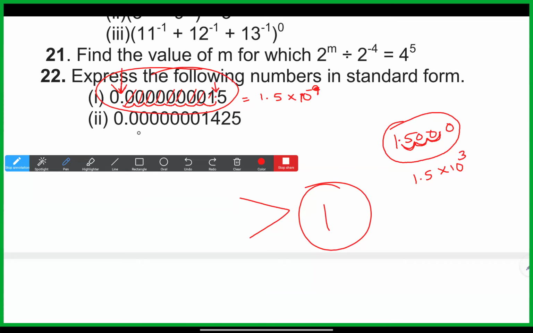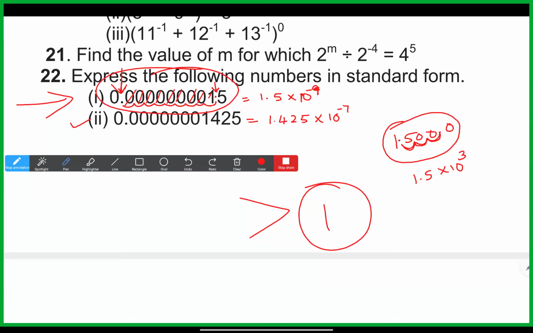So now, can you tell the answer for this second one? Same way as I did the first one. 1.425 into 10 power minus 7.